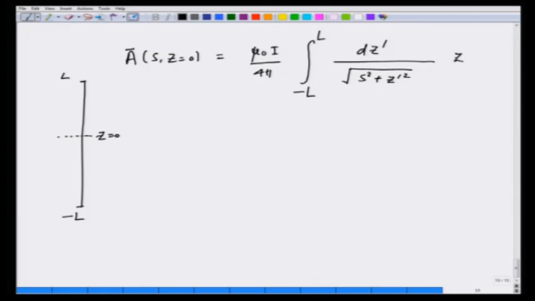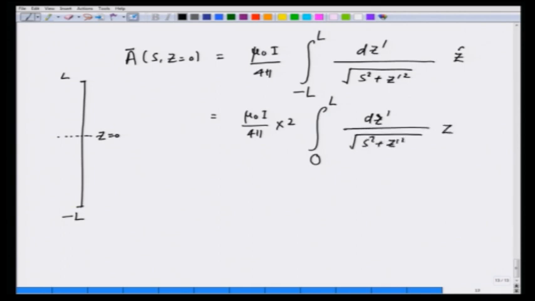This is in the z direction, which I can write as mu naught I over 4 pi times 2, because the integral is even in z prime. I can make it from 0 to L dz prime over square root of s square plus z prime square in the z direction.